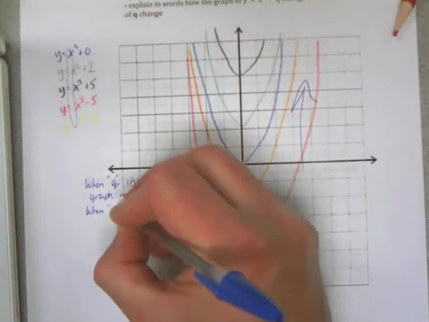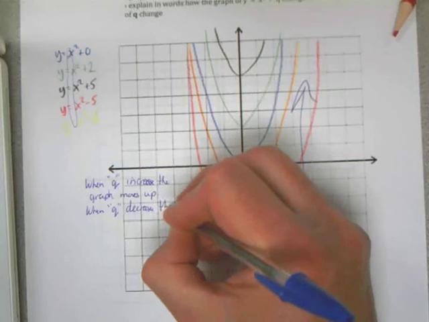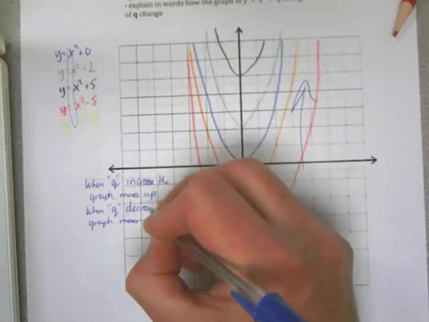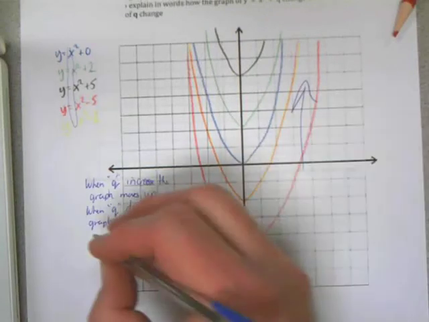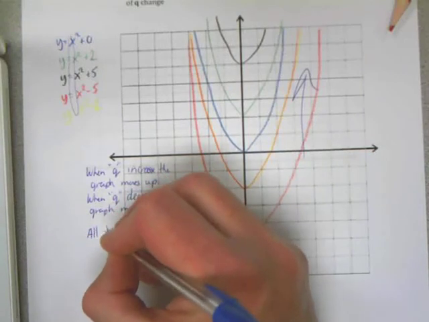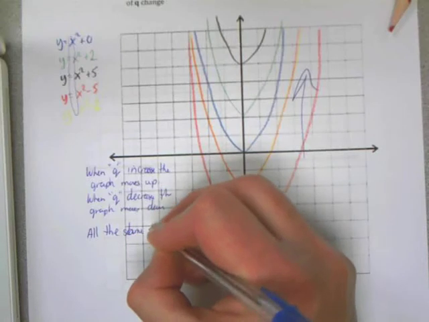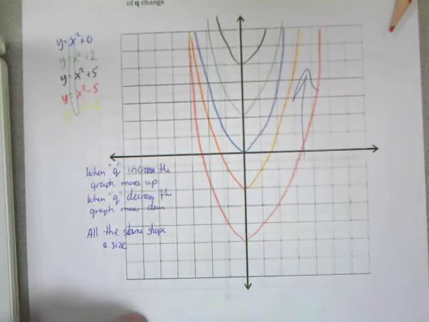When q decreases, the graph moves down. So -2, -5, it comes down. But I also notice that they all have the same shape and size.